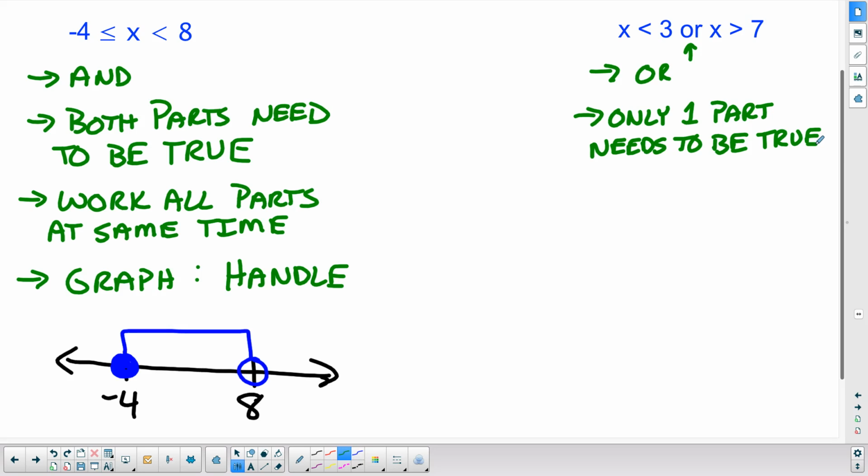Here, you are going to work the parts separately.